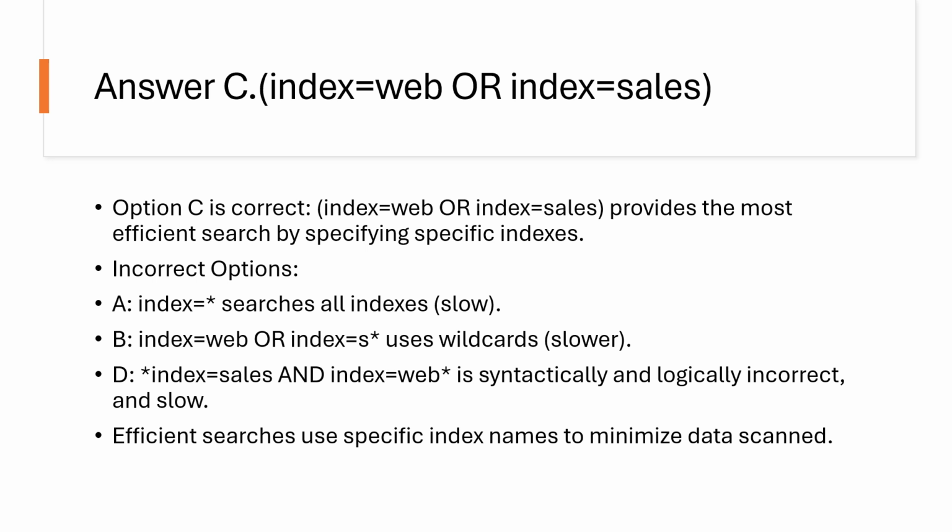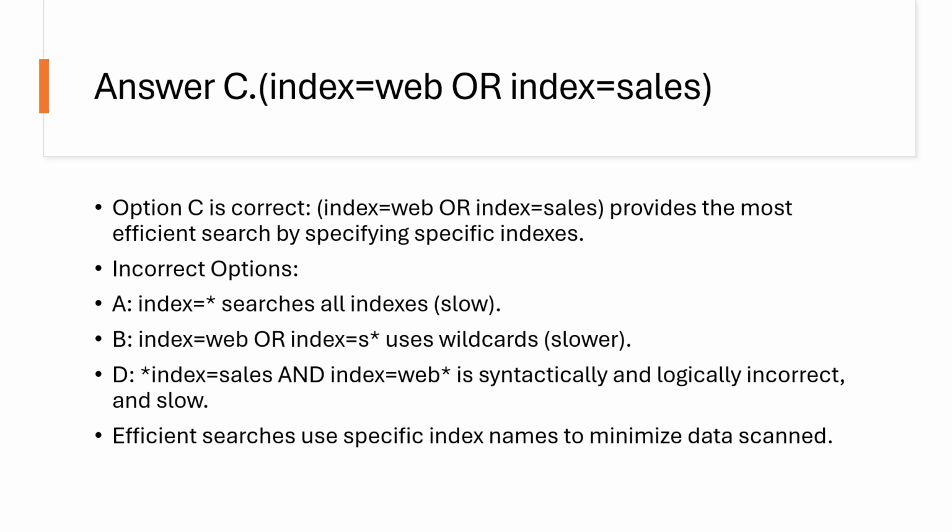Why? Because it's all about narrowing down the data Splunk has to look through. Option A, index=*, is the worst. This tells Splunk to search every index, which is incredibly slow. You're basically looking for a needle in a haystack. Option B, index=web OR index=s*, is better, but still uses a wildcard.